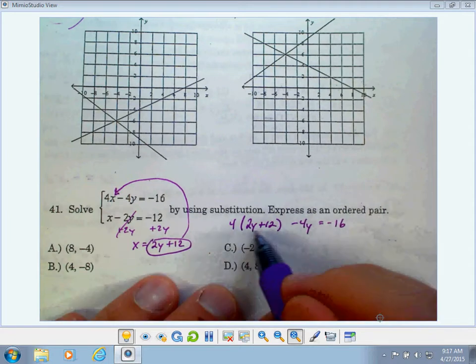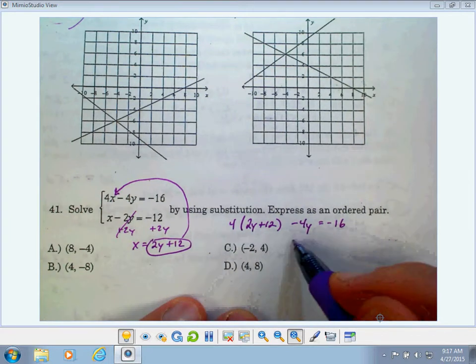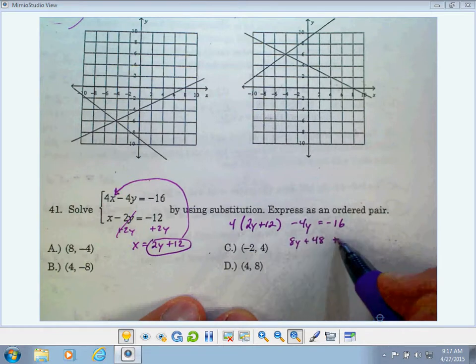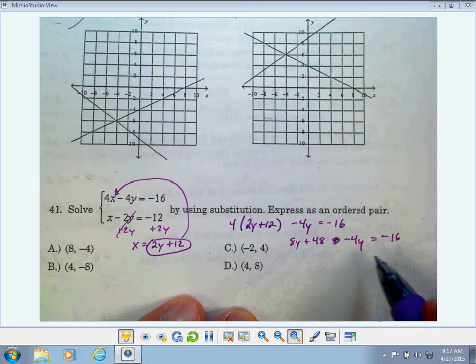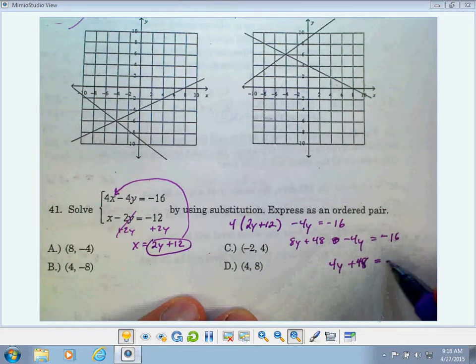So this is now 8y plus 48 minus 4y equals negative 16. So I combine like terms, I get 4y plus 48 equals negative 16.